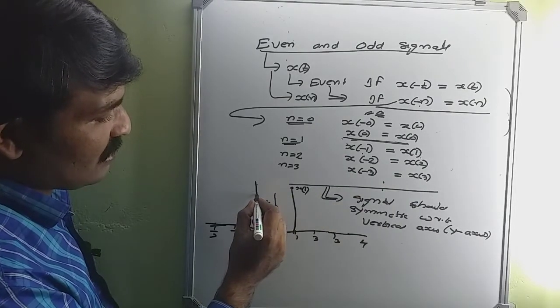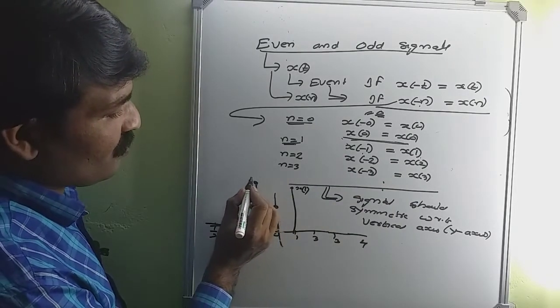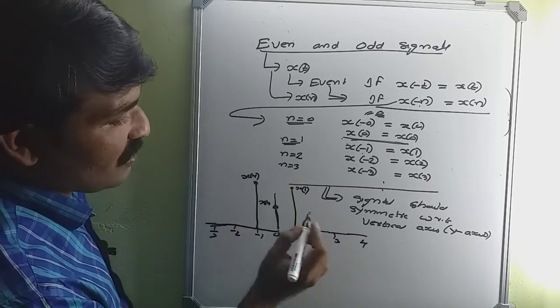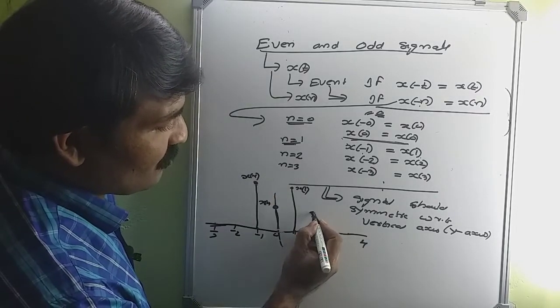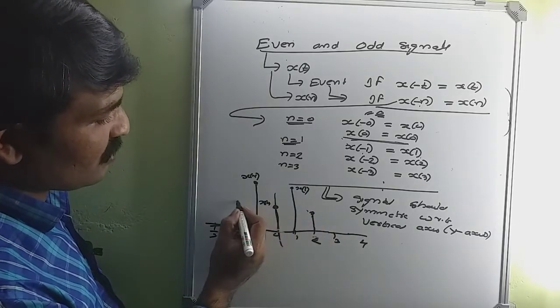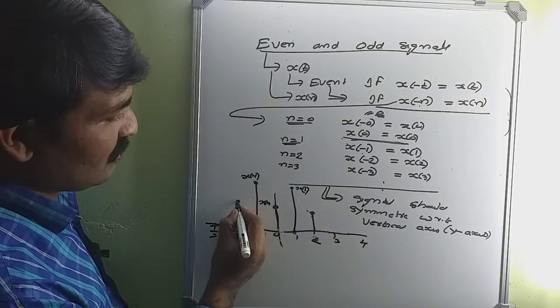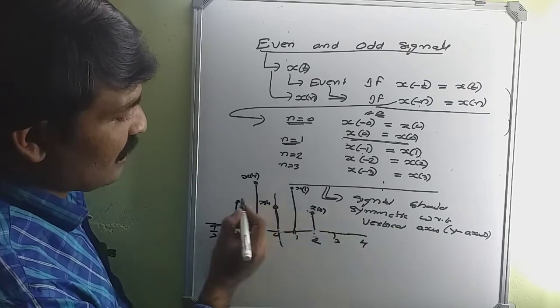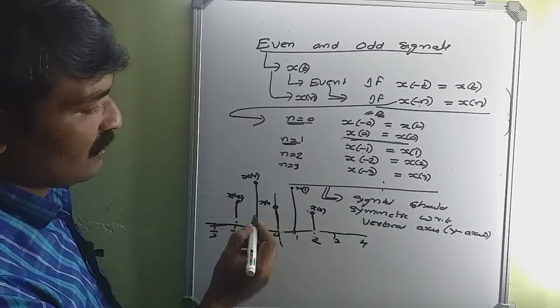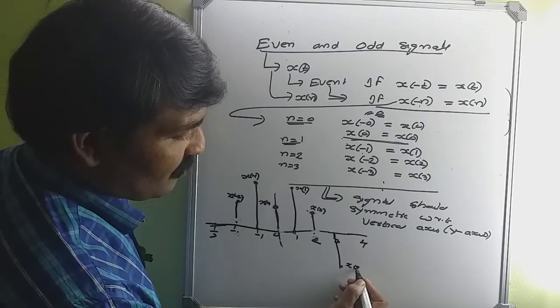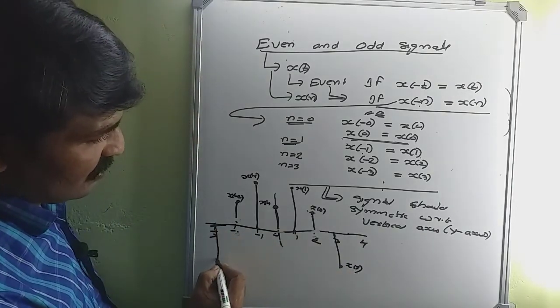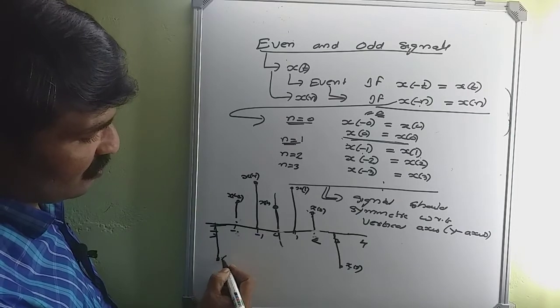So we can represent x of minus 1. Suppose this is our x of 2. Then x of minus 2 is the replica of this. Both are the same. Then suppose this is our x of 3. Then x of minus 3 is a replica of this.